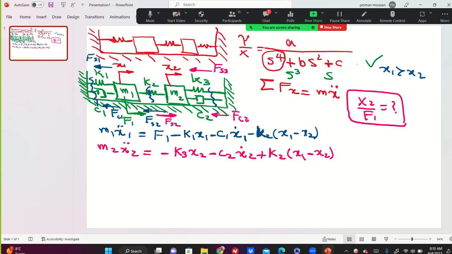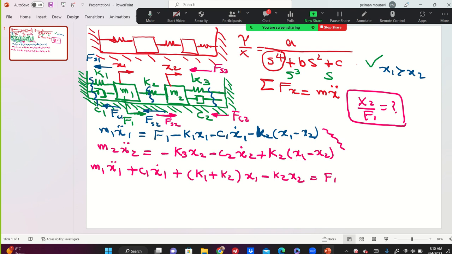Okay. So if you rewrite everything, you get m1 x double dot 1 plus c1 x dot 1 plus k1 plus k2 times x1 minus k2 x2 is equal to F1. I transform this to this. Now we have an additional damping term here, the physical damper.